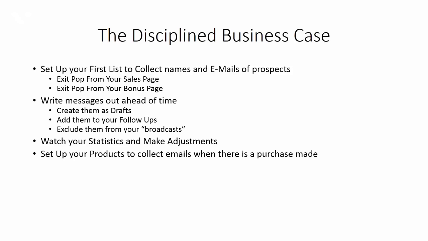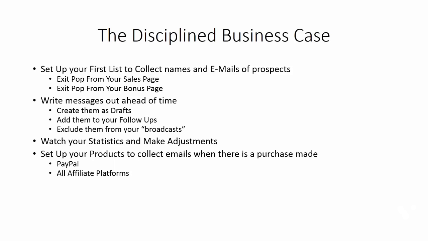So collect the email address. Now, here's the thing. You may not have the best email address, but you've got something. So do this process: make sure that when you sell something, that person gets automatically added to your email marketing list. That means you're going to have to set that up with PayPal, and you can do this with all affiliate platforms.